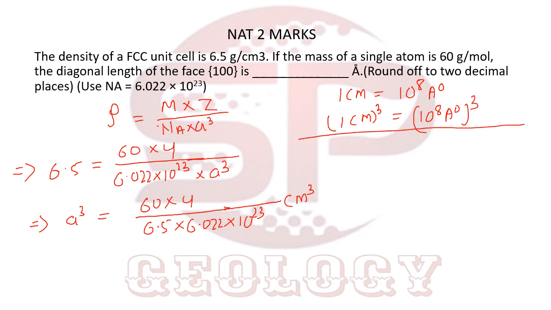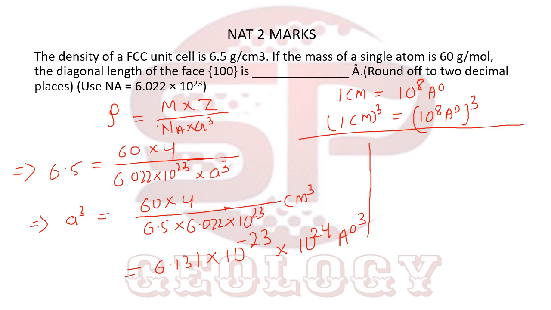First we'll solve this part. It will be 6.131 into 10 to the power minus 23 into 10 to the power 24 angstrom cube.